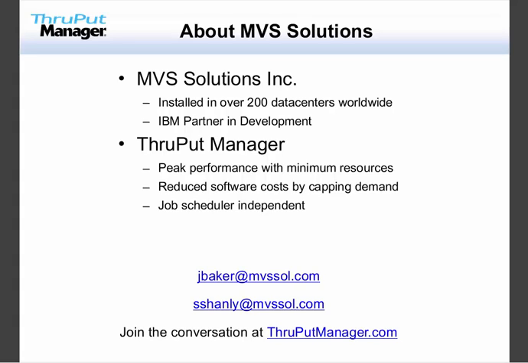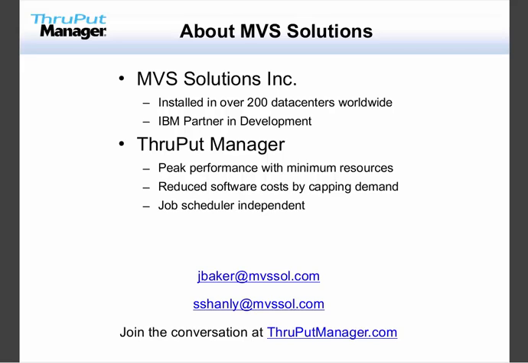No, we're not reinventing the wheel here. You still define your service classes and resource groups to Workload Manager as you normally would. The difference is you don't classify the work directly into those. You simply provide those service class resource group names to the ThruPut Manager policy, and within there you specify when and how they're used.